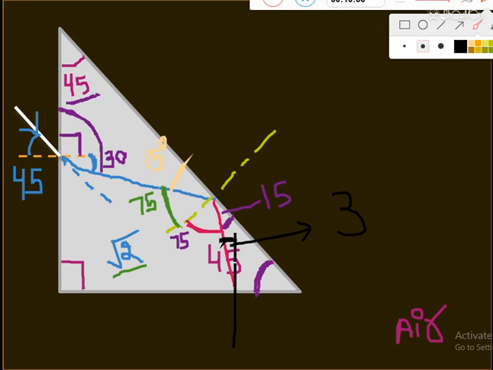So after this 30 degree angle, the ray will emerge out like this one. The ray will emerge out of the medium and it will bend away from the normal. If you have to find the emergence angle, it will be 45 degree.